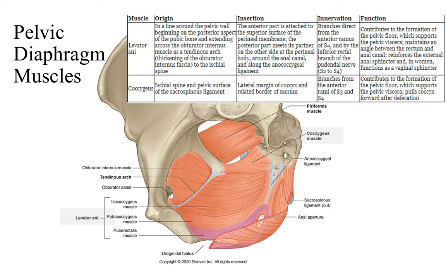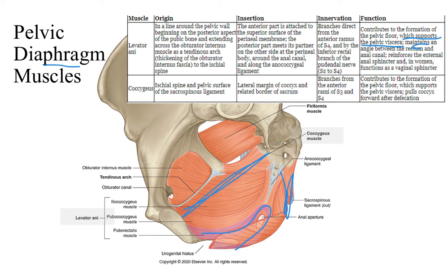All right, so the pelvic floor muscles, which we can also term the pelvic diaphragm muscles. Remember, all these muscles are attached from bone to bone, okay? And these bones don't really move that much, so the role that they play, except when we're talking about the puborectalis muscle, is to, one, support the pelvic viscera, so all of the organs that are in there, they will be able to support those organs.